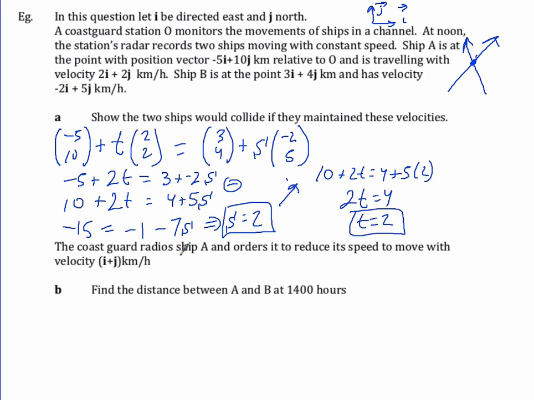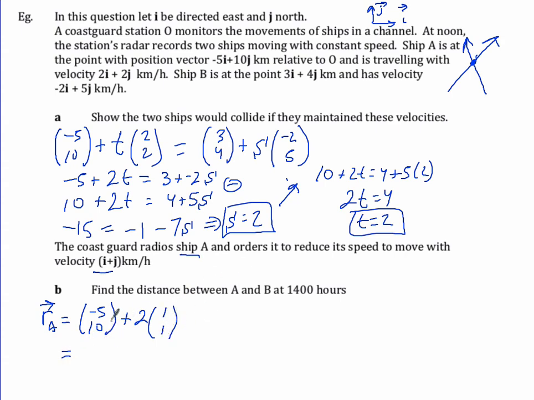The Coast Guard told ship A to reduce its speed to (1, 1). Find the distance at 1400 hours. Okay, so we need to find both ships' positions after 2 hours. So the position of boat A is going to be (-5, 10) plus 2 times the new direction vector, or velocity vector, (1, 1).